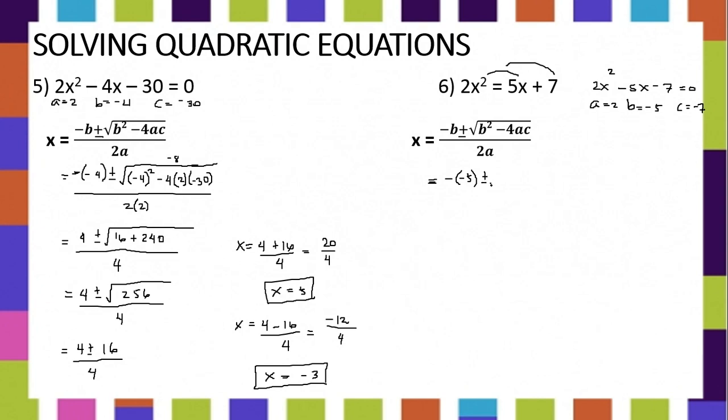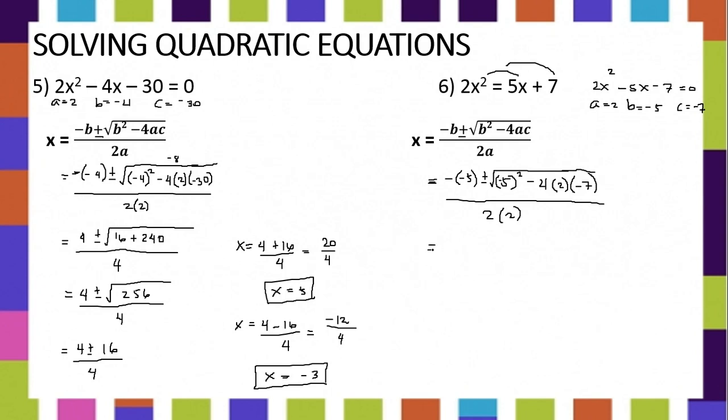Positive, negative, square root of, ang b natin is negative 5, negative 5 squared minus 4 times 2 times negative 7. Diba? Yun, ang a natin is 2, ang c natin is negative 7, over 2 times 2.